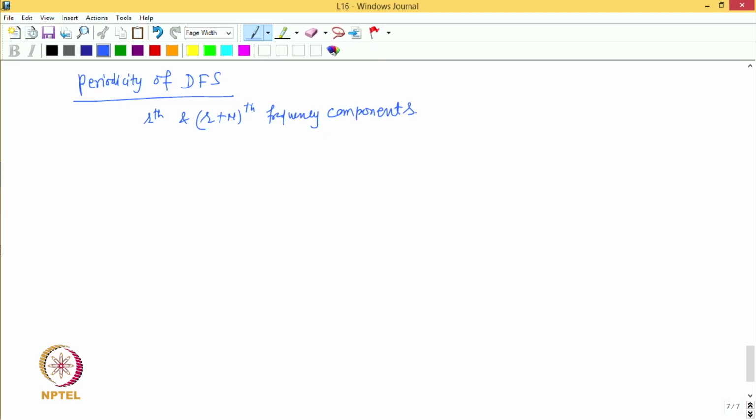So, we got the expression for x k. If we substitute k equal to r, we can find x r and we can write that as 1 by N summation from n equal to 0 to N minus 1, right, and then x of n into e to the power minus i. So, now in place of k we have to write r. So, r into 2 pi by capital N into small n, right.